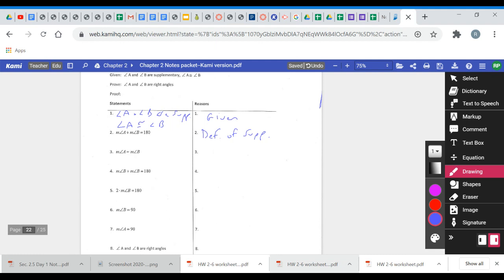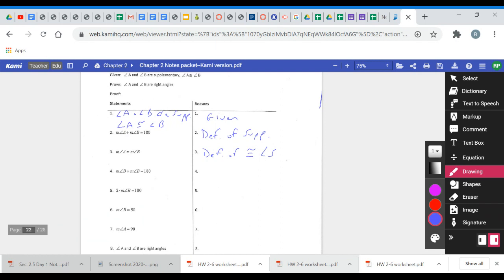So it's kind of like the first line of the given, angle A and angle B are supplementary, led us to line 2, that angle A plus angle B equals 180. But now the second part of the given, angle A is congruent to angle B, is what is leading us to 3, which says the measure of angle A is equal to measure of angle B, and that is definition of congruent angles.